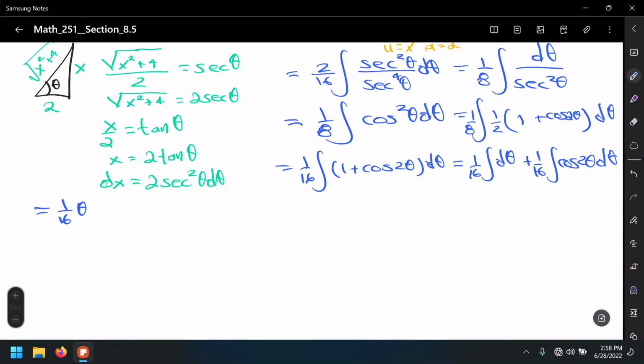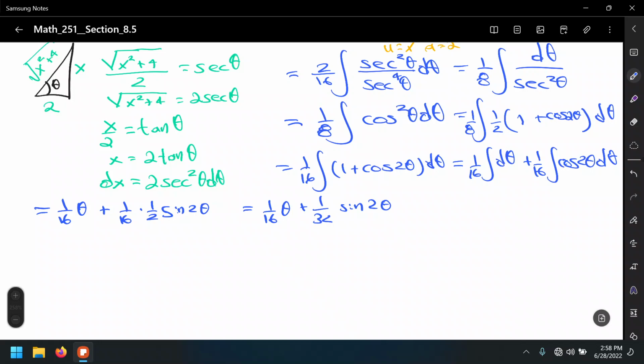And from here, the integral of cosine is sine, but that's 1/16 times 1/2 sine 2 theta plus c. And simplifying, this is 1 over 16 theta plus 1 over 32 sine 2 theta. Oh, I was not supposed to write the plus c. We're going to write it down at the very end.